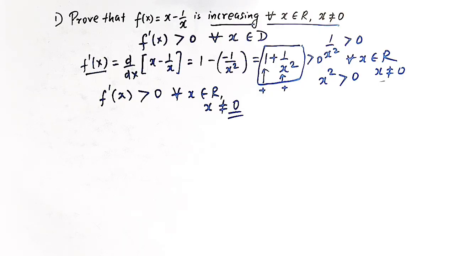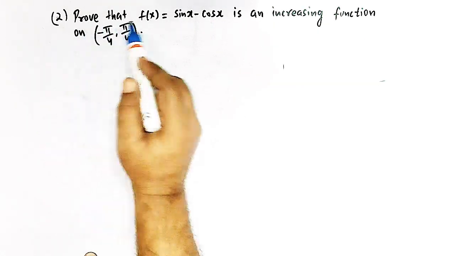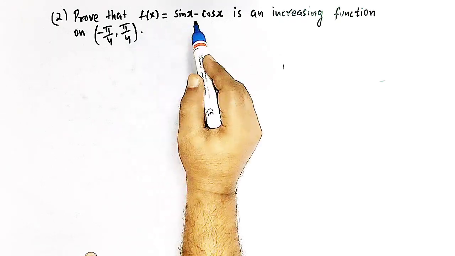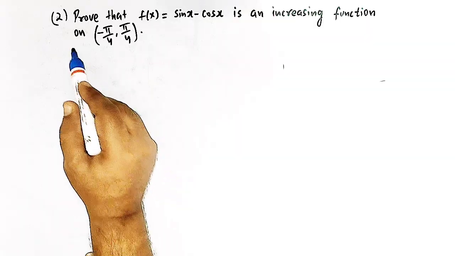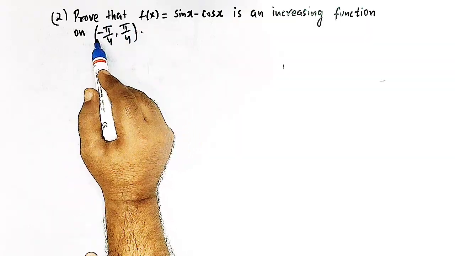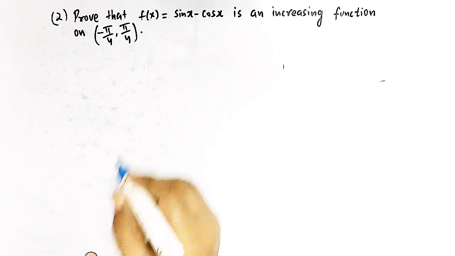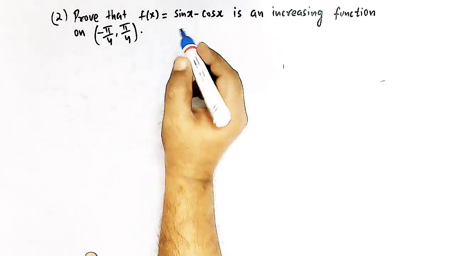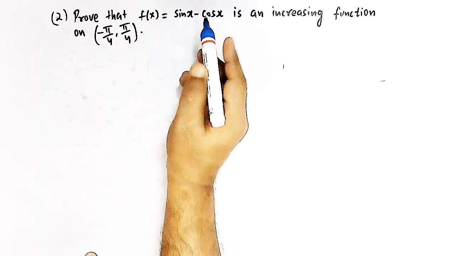So now consider this problem where we have to prove that the function f of x, which is equal to sine x minus cosine x, is an increasing function on this interval, that is minus pi by 4 to pi by 4, right? So here what we will do, we'll first find out the derivative of this function.